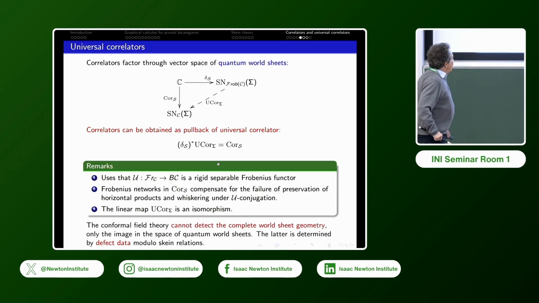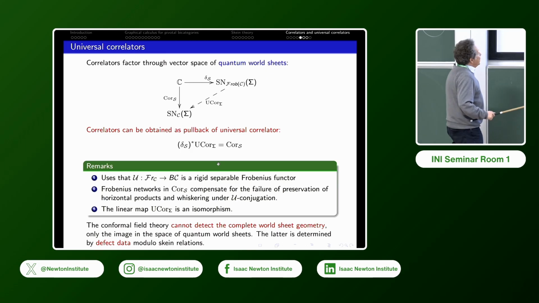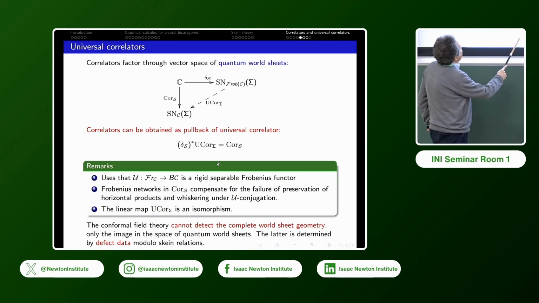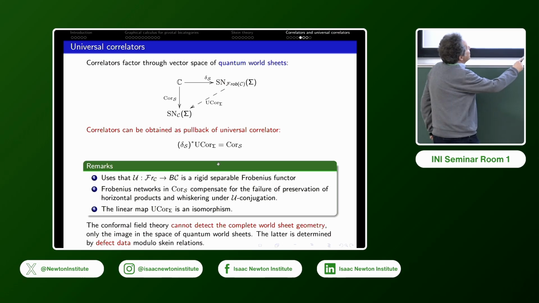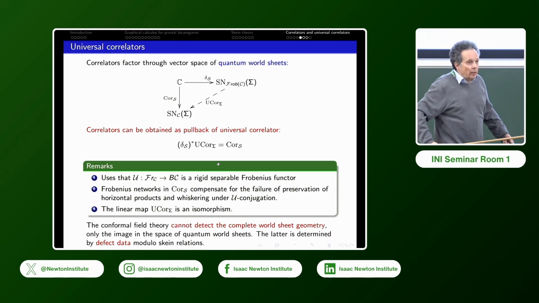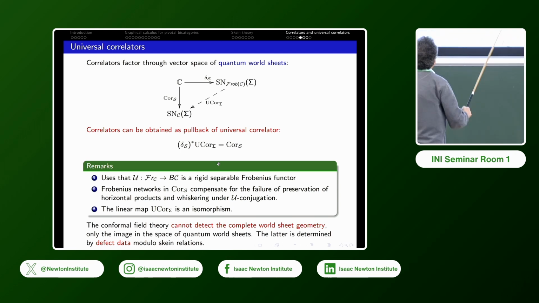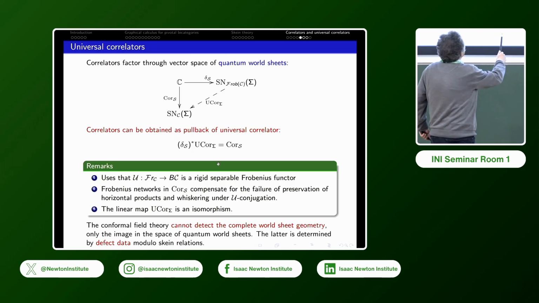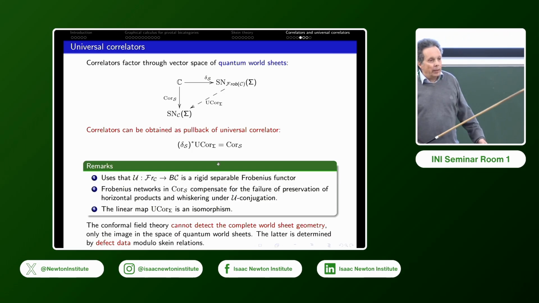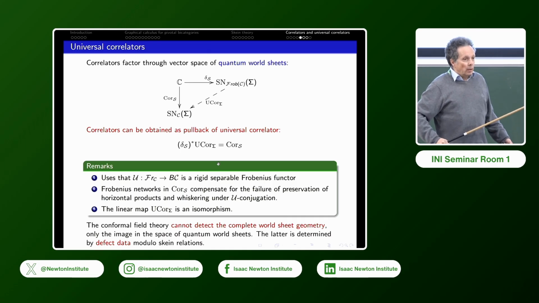And conversely, the correlators of the CFT are blind to what the worksheet is exactly; they only measure the class of the worksheet in this space of quantum worksheets. That's the only thing the correlators of the quantum theory can see.